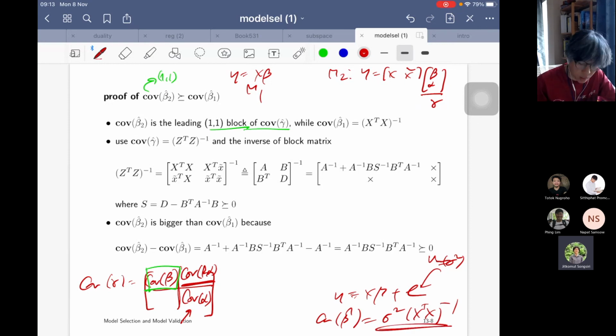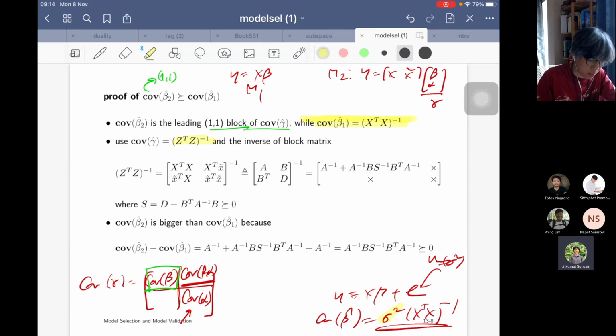This is what we've seen in the lecture on linear least squares. So we can say that the covariance of beta 1 hat is X transpose X inverse, controlling the noise variance to be unit or some constant. For model 2, the covariance of gamma hat would be Z transpose Z inverse.